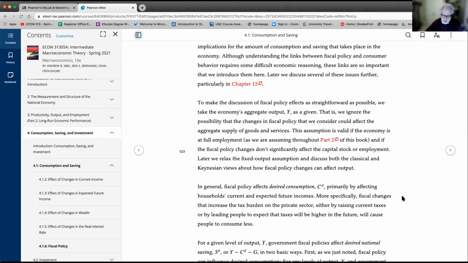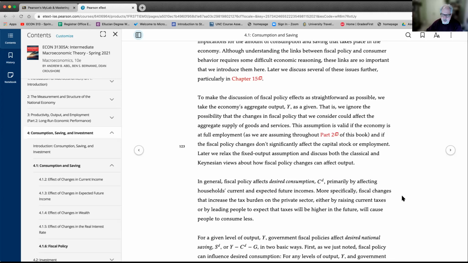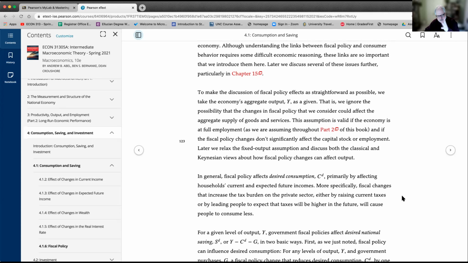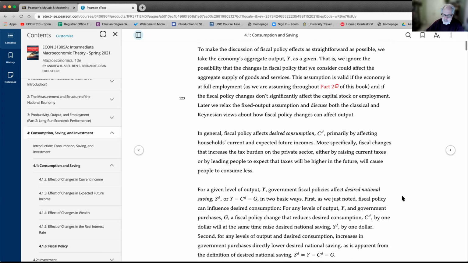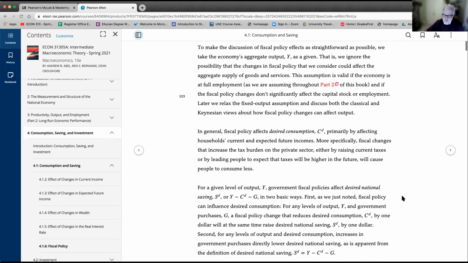For example, if you thought that bigger budget deficits today mean higher taxes in the future, maybe you save more today to pay those higher taxes in the future. So in that case, the question is, do you save enough to offset the lower saving by the government, right? So that's what this section in the chapter is getting at overall. Okay?